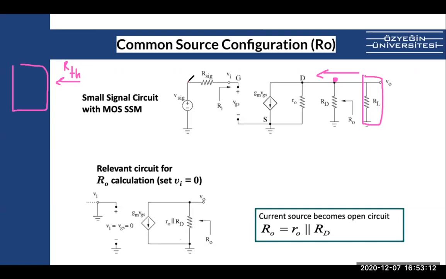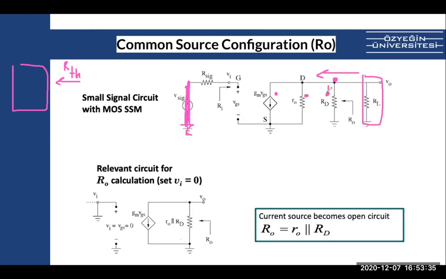So we are shorting all the independent voltage sources. If there's a current source, we would leave it open. And we are not touching the sources. Okay? So looking at it, there is RD here, there is R0 here.